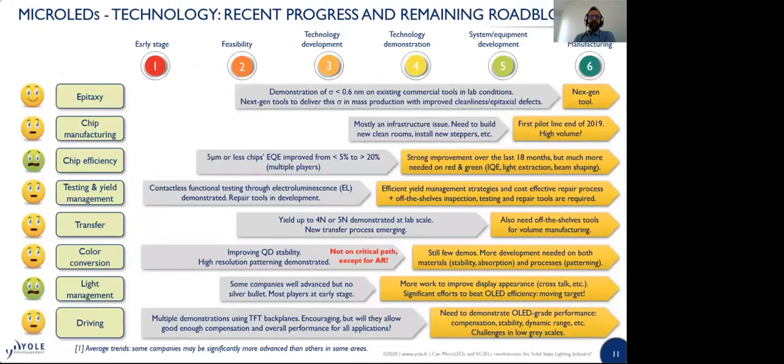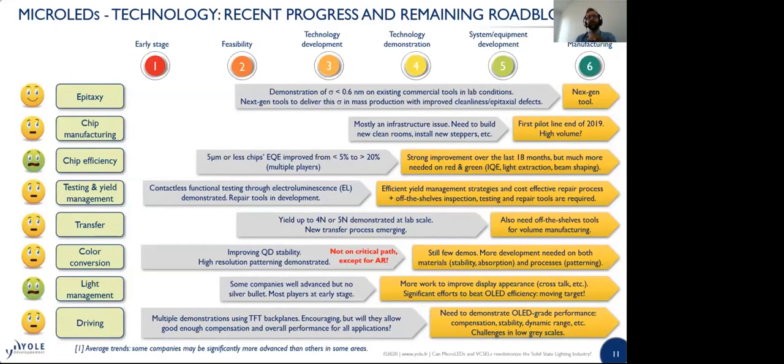Coming back to the recent progress and remaining roadblocks, what you have to understand is that the external quantum efficiency of blue and green micro-LED chips has more than doubled over the last 2 years. Some transfer and assembly processes are also reaching performance close to what is required to enable some micro-LED consumer applications.